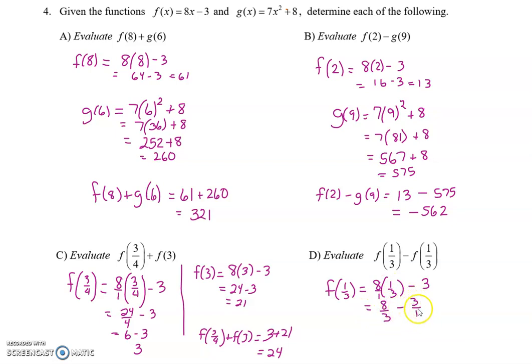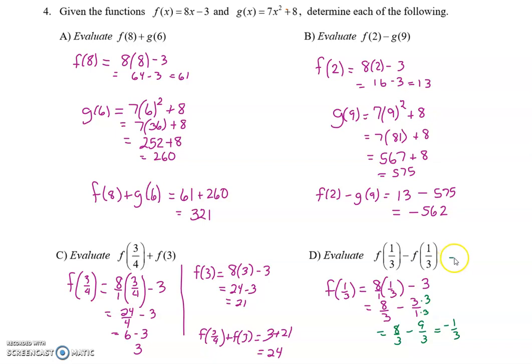We'll put a 1 under this. And when we subtract fractions, we do need a common denominator, don't we? So we're going to change this denominator to 3. And we'll do that by multiplying the numerator and the denominator both by 3. So I'm going to put times 3 here and times 3 here. And so then that's going to give me 8/3 minus 9/3, which is a negative 1/3 for f of 1/3.